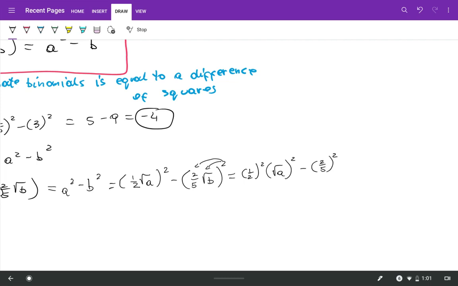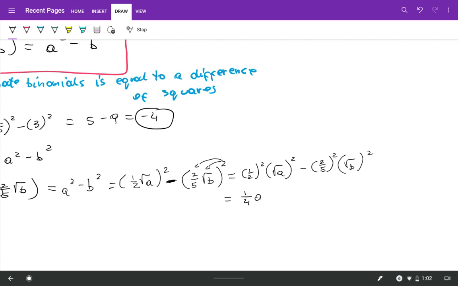Same thing. So we have 2/5 to a second power, square root of b to a second power. So don't forget that that minus doesn't represent that b, which is your 2/5. It's not negative. b is 2/5 square root of b.